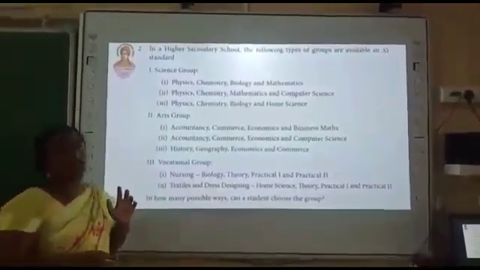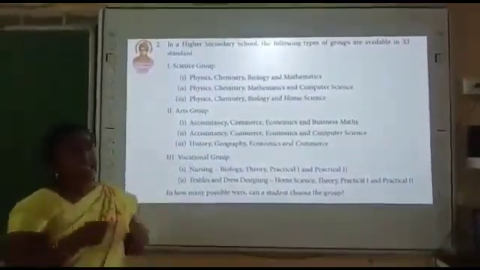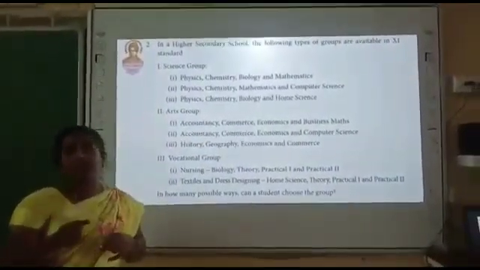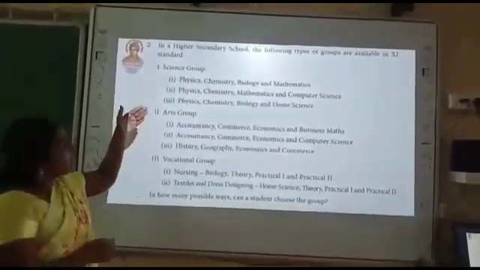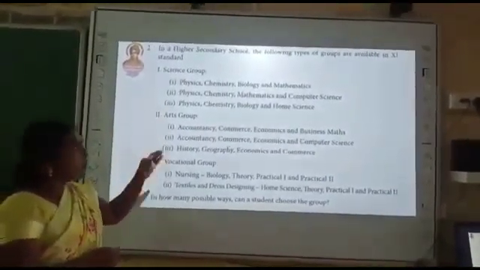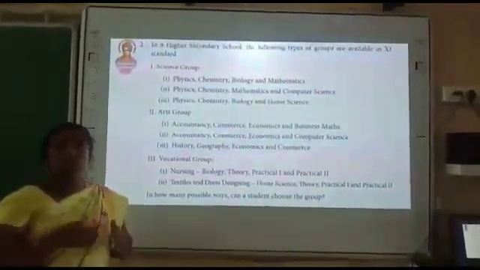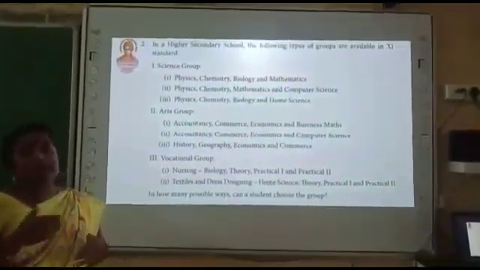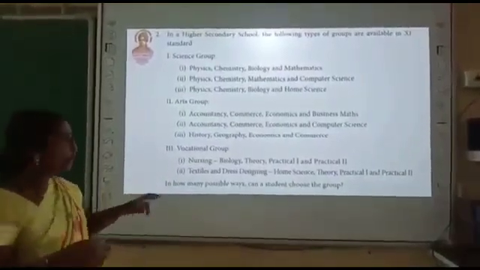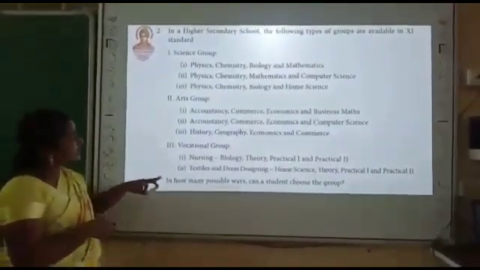How will you choose the group? If you are studying, you can choose any one of the groups. In the science group 3 possibilities, arts group 3 possibilities, vocational group 2 possibilities. Totally how many possibilities? That is the number of ways to choose the group. Let us see the solution.